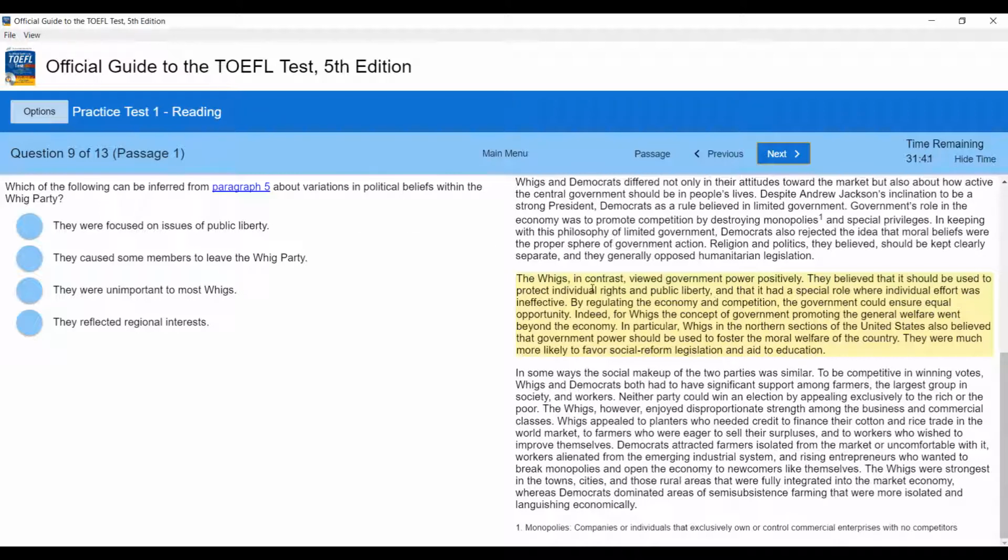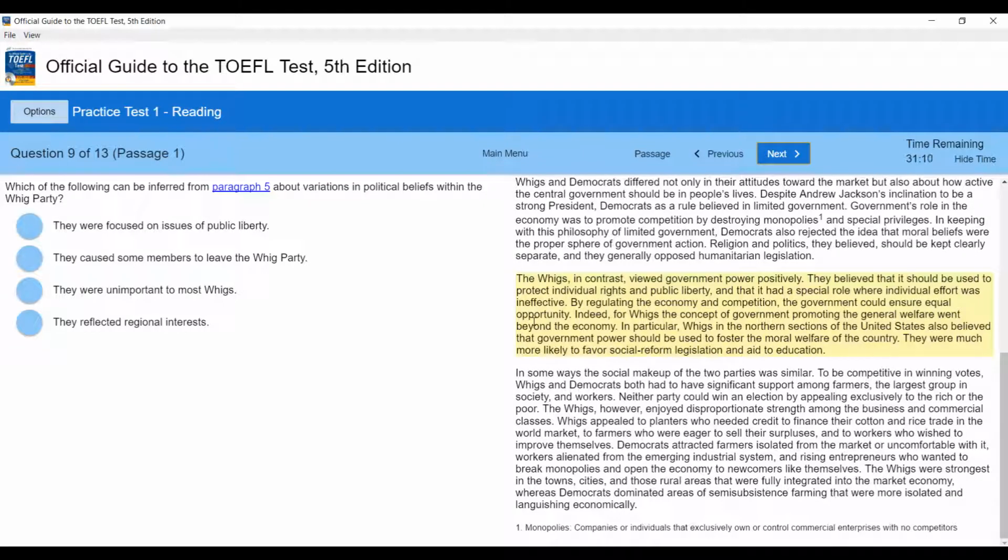Okay, so Whigs, in contrast to the Democrats, viewed government power positively. So that means they wanted probably big government. They believed that it should be used to protect individual rights and public liberty, and had a special role where individual effort was ineffective. By regulating the economy and competition, the government could ensure equal opportunity.